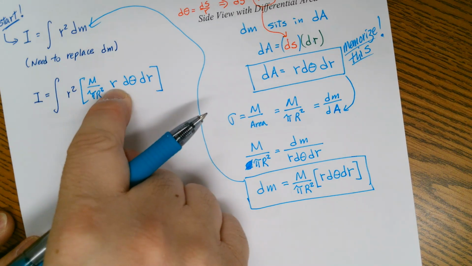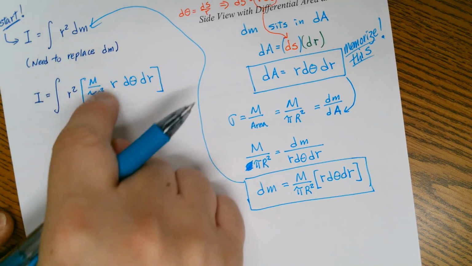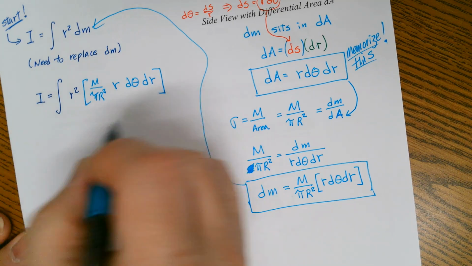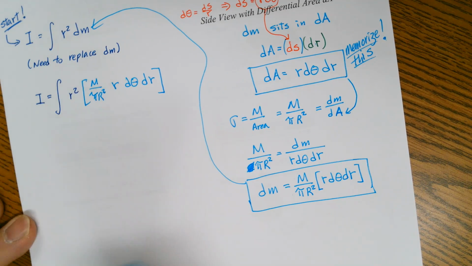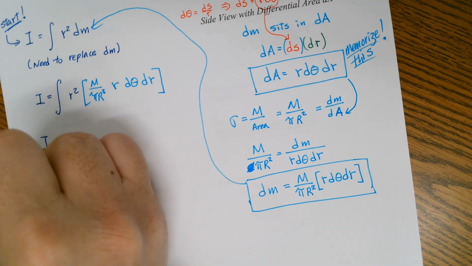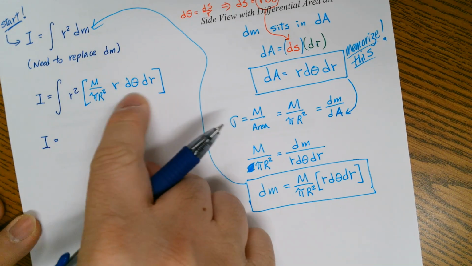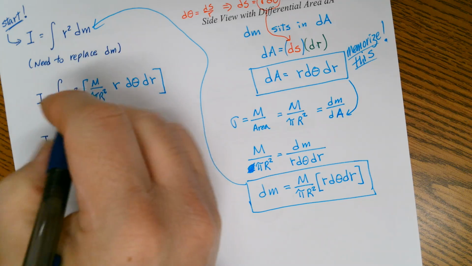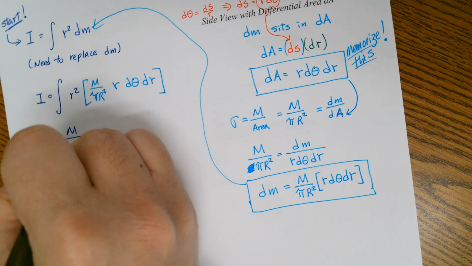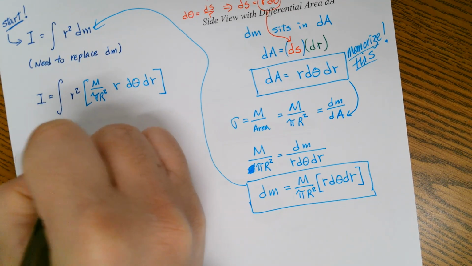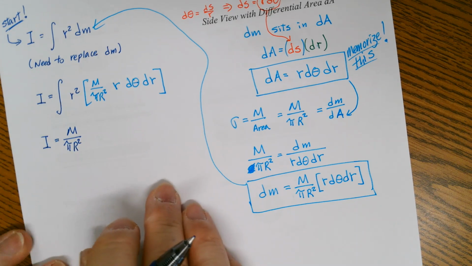So if I look at this, there's r here and r here, and this is constant. Here my I now becomes a double integral. So m over pi r squared can be factored out because it's constant.